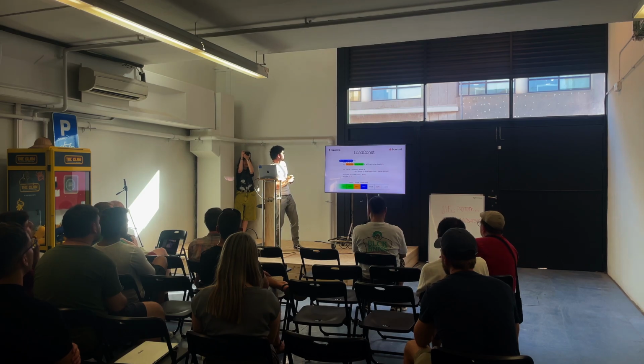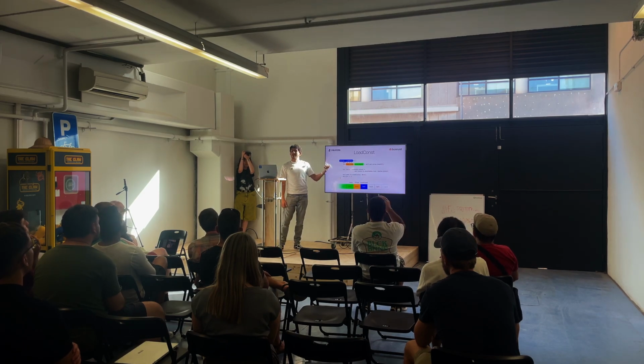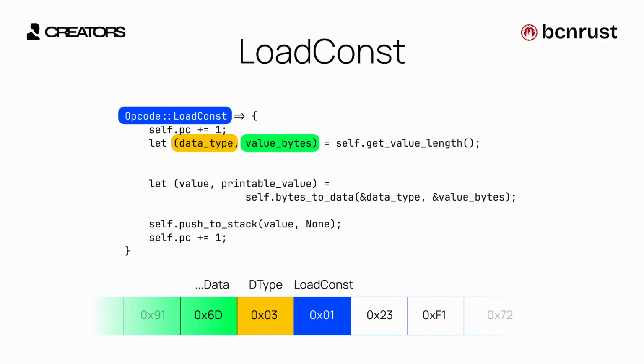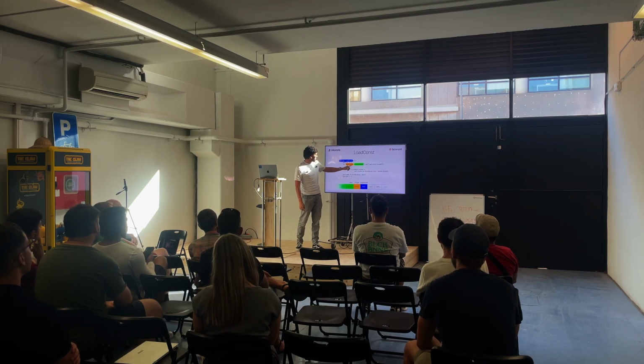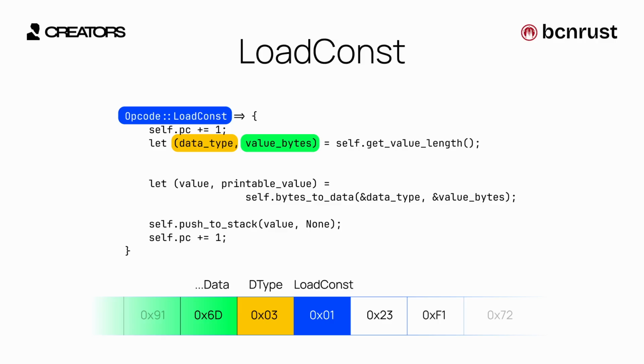So if we take a look at the actual code that is built to load a constant, first of all, we increment the program counter. Right now we are not on the instruction itself, we are on the data type. So we increment by 1, we're on the data type, and then based on the data type, we get how many bytes will fill that data type.